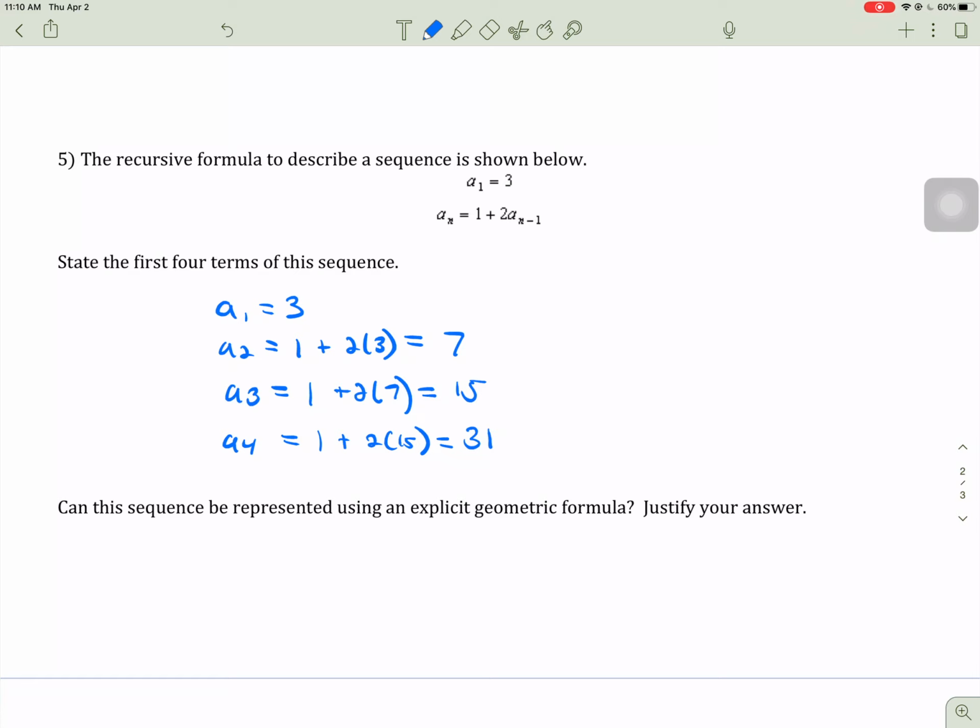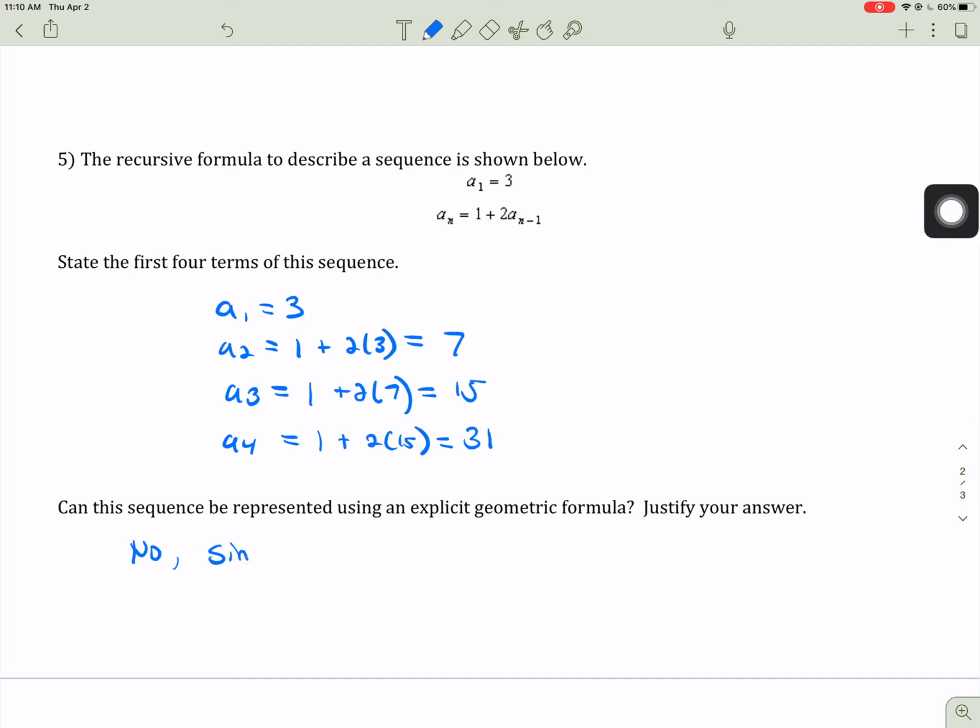And it says, can this sequence be represented using an explicit geometric formula? So can you do this explicitly in a geometric way? Well, am I just taking the term before and multiplying it by something? The answer is no. Because look, this is not simply geometric, because you're not only doubling it, you're also adding 1.